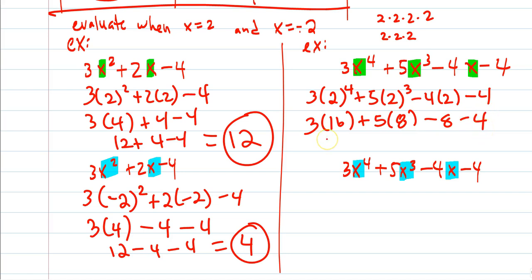Keep going. 3 times 16 would be 30 plus 18, so how about 48? Plus 40 minus 8 minus 4. Adding from left to right, I have 88, 80, 76.